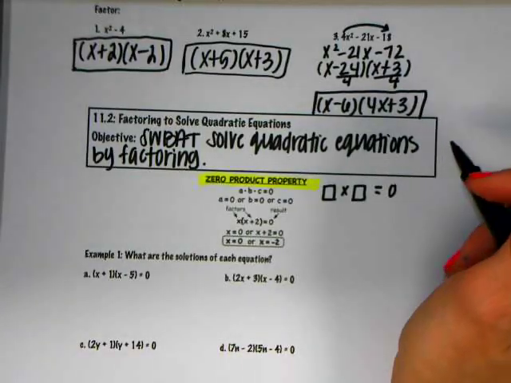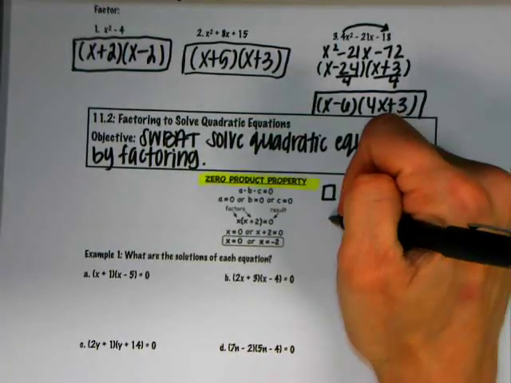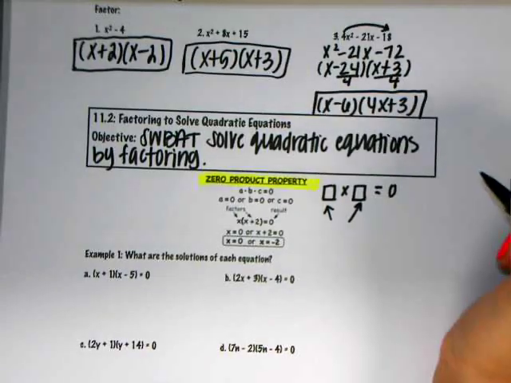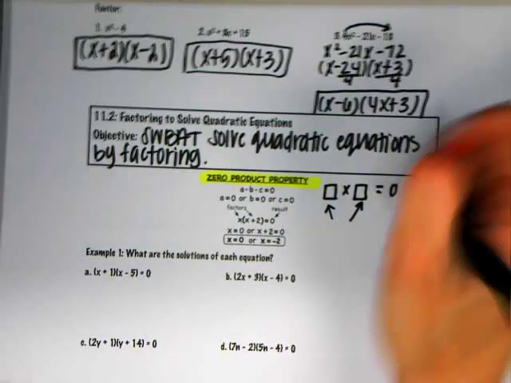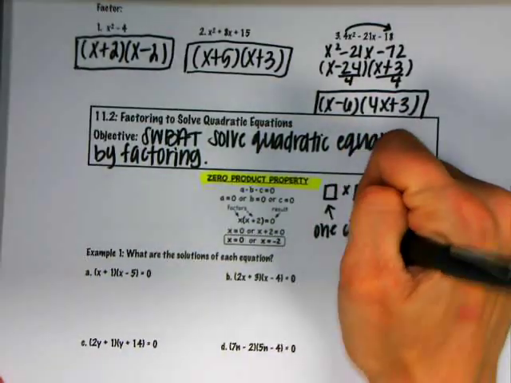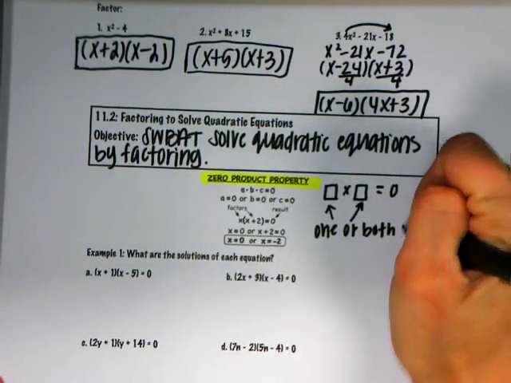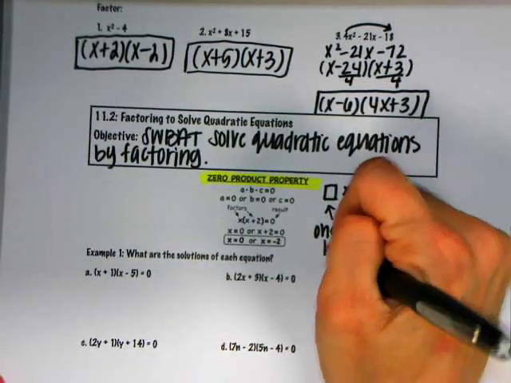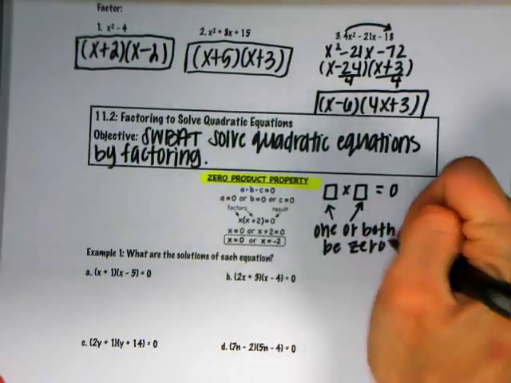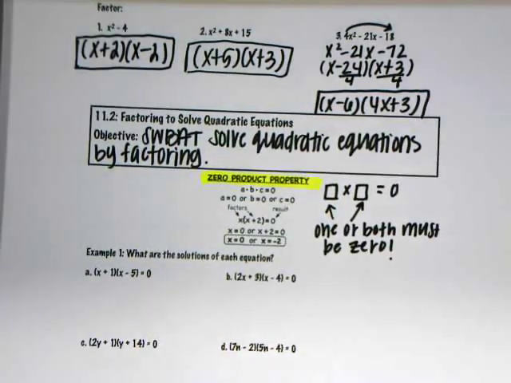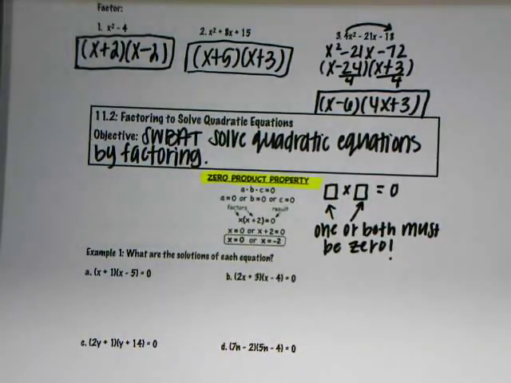One of them is 0. Could both of them be 0? Well, 0 times 0 is 0. Yeah. So that's basically saying one or both must be 0, if you're multiplying them together and getting 0. Does that make sense?